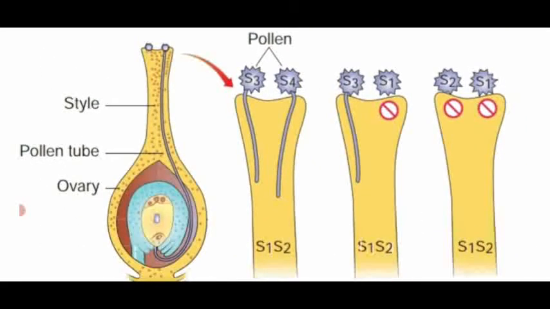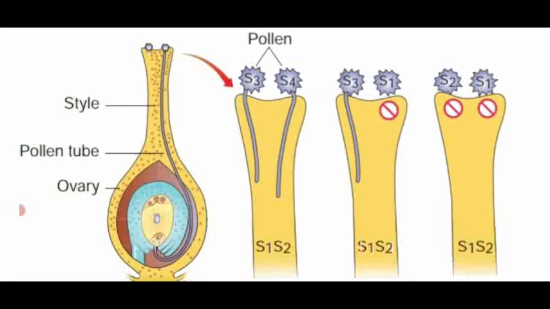In the second diagram, S3 and S1: the S3 germinates towards the S1 and S2, but S1 is unable to germinate. Why is it unable to germinate? Because they contain the same allele, S1. At the top S1 is there, and at the bottom also S1 is there. Both the alleles are the same, so they are unable to show the germination process because of the self-sterility allele named S.